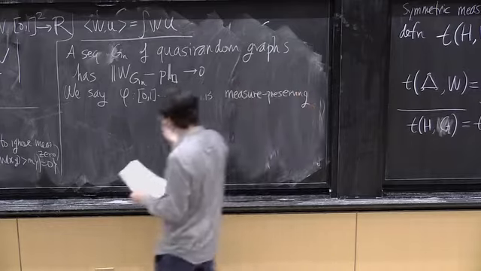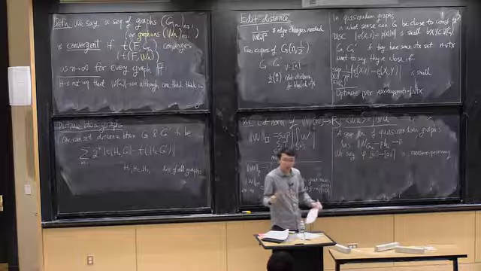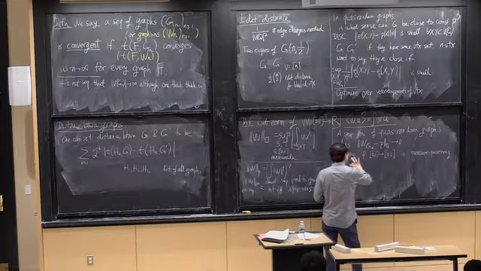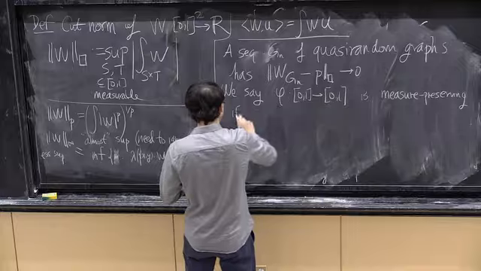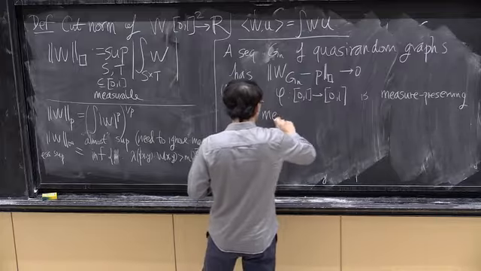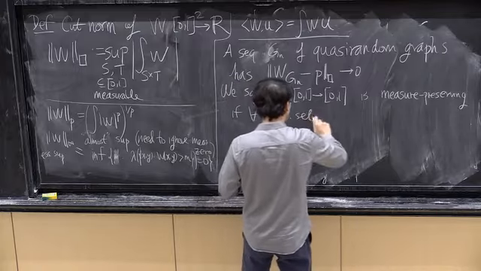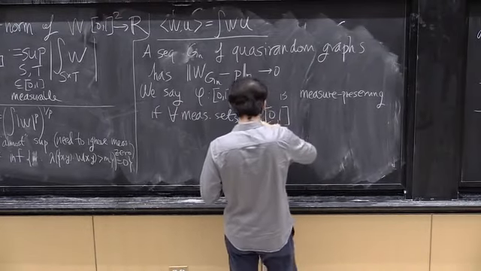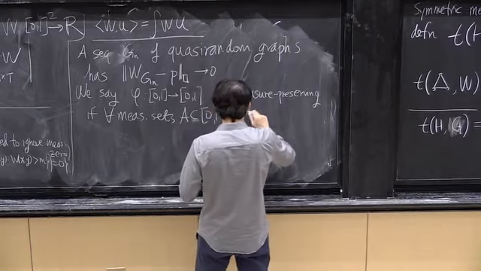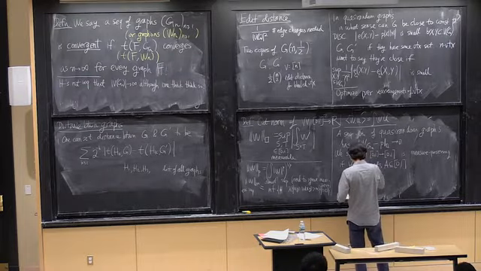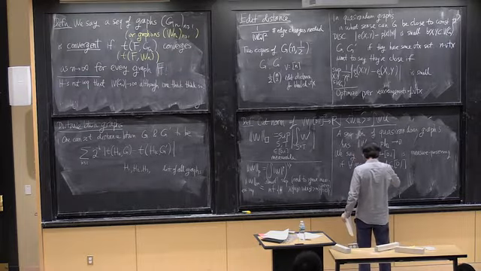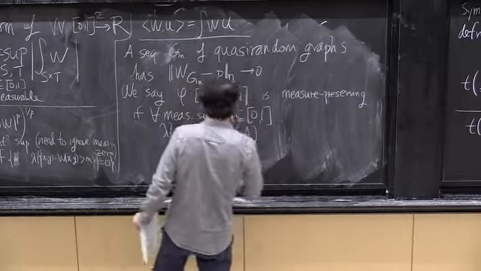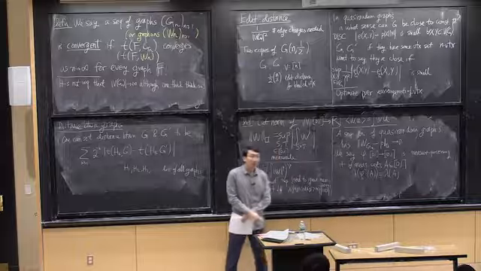if, first of all, it is a measurable map. Everything I'm going to talk about is measurable, so sometimes I will even omit mentioning it. It is measure preserving if for all measurable subsets A of this interval, the pullback of A has the same measure as A itself.